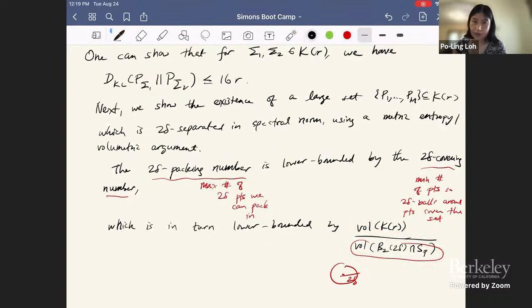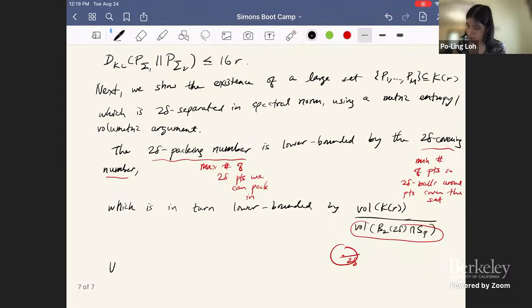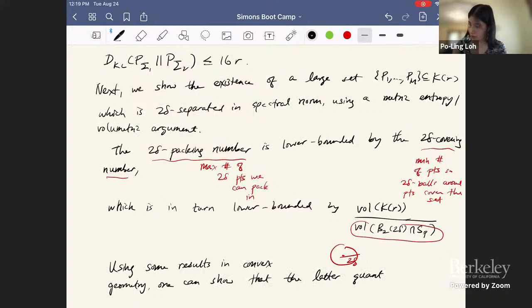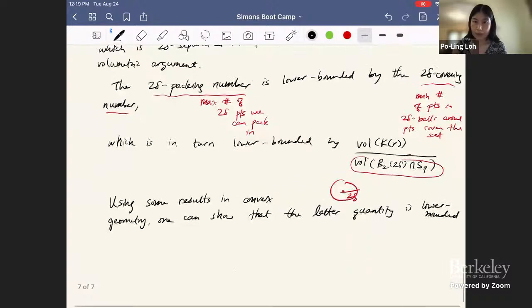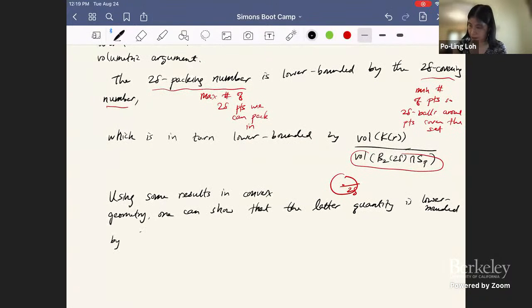Then, through a somewhat technical argument using some results in convex geometry, one can show that the latter quantity is lower bounded by some constant times lambda over delta square root of p over n to the power p times p plus 1 over 2. I'm skipping the details because there are quite a lot of them.